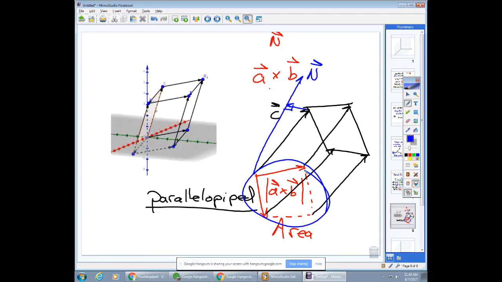And so what I mentioned the other day is if we take that vector C and dot it with the normal vector of a and b, which is a cross b, and then take the magnitude of all of that, I get the volume, which is wicked cool. I get the volume of the parallelepiped.